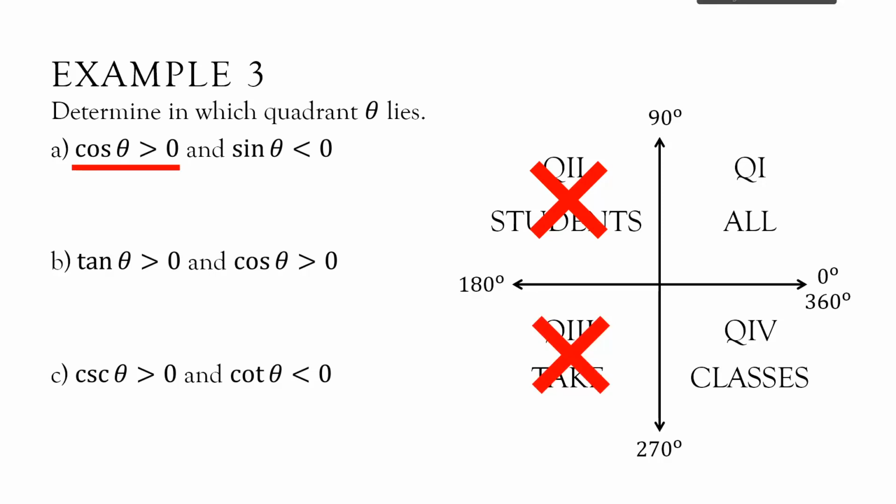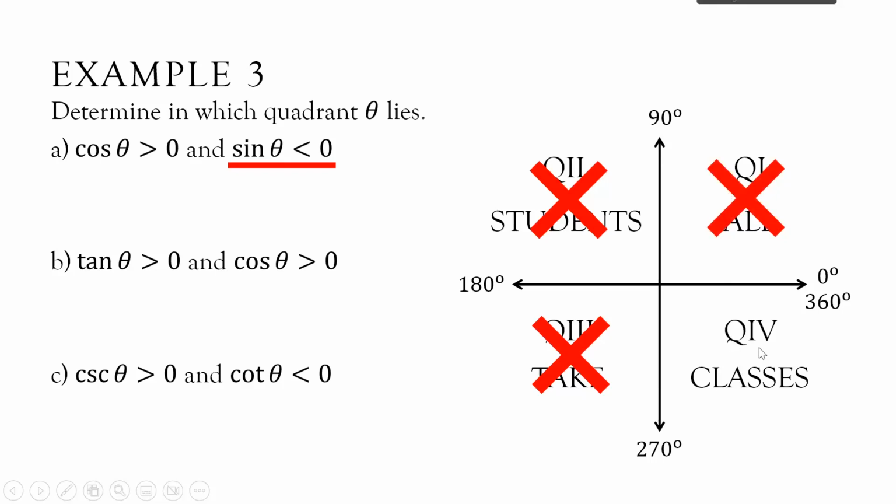Now let's go ahead and look at the next part. We know that sine is negative. So from my remaining 2 quadrants, 1 and 4, where is sine negative? Well, in quadrant 1, everything is supposed to be positive, so I can't be in there.